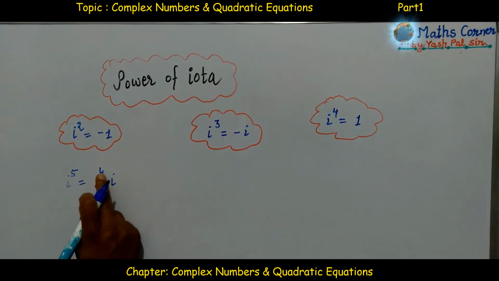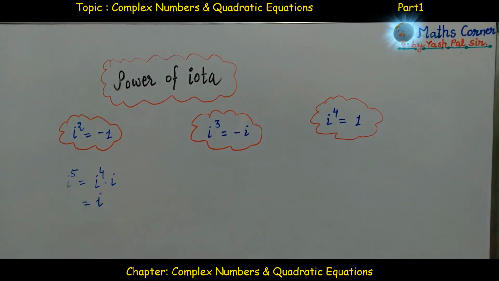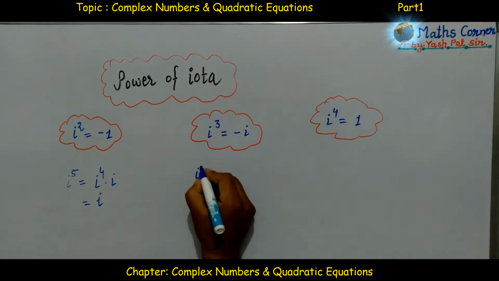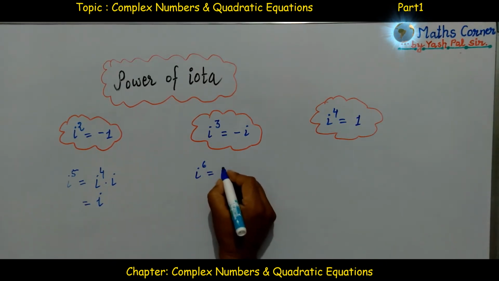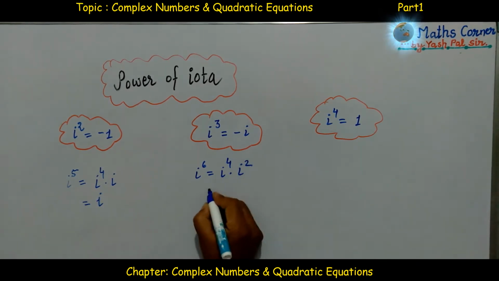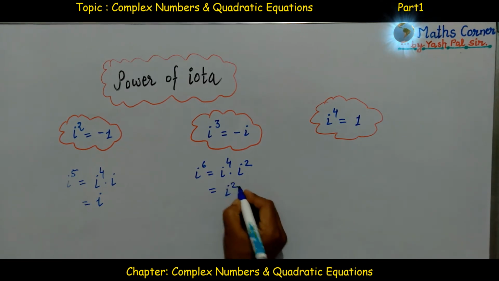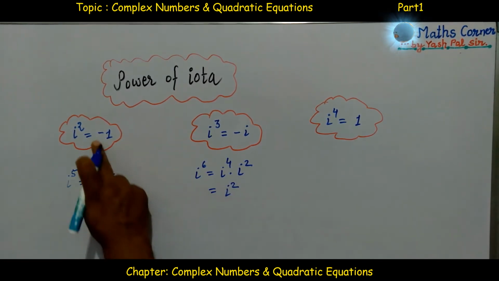Iota raised to power 4 is 1, so the final answer is iota. Similarly, iota raised to power 6 is iota power 4 into iota power 2. Iota power 4 is 1, so we are left with iota square, which is minus 1.